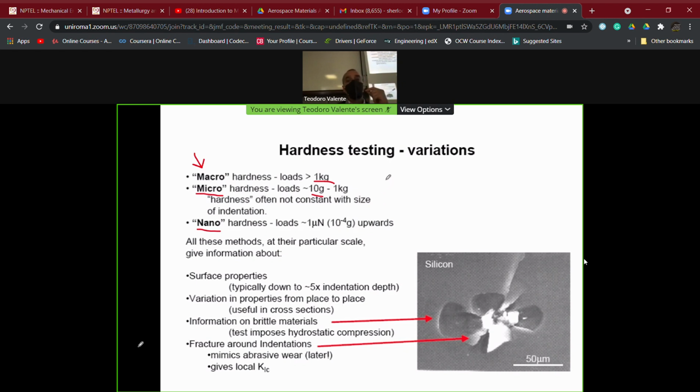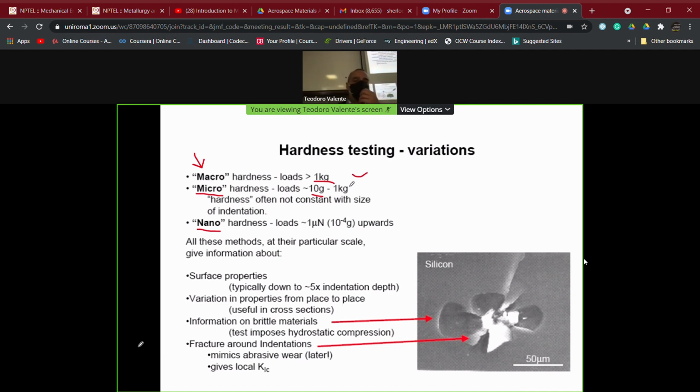And so what we can expect is that if we want to have the surface response, obviously we cannot rely on macro hardness because the loads are so high that the contribution of the bulk is quite relevant, since the penetration depth of our indenter is quite relevant.